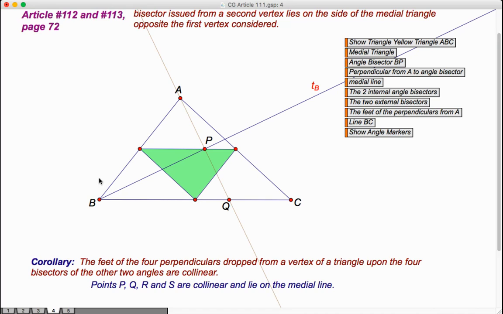What that means is, this is just one of the internal angle bisectors. If I consider the other angle bisector, so now I have T sub B, and now I have here T sub C.